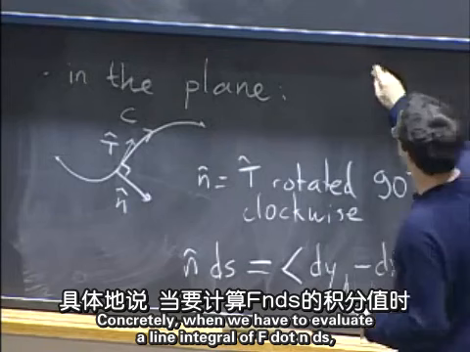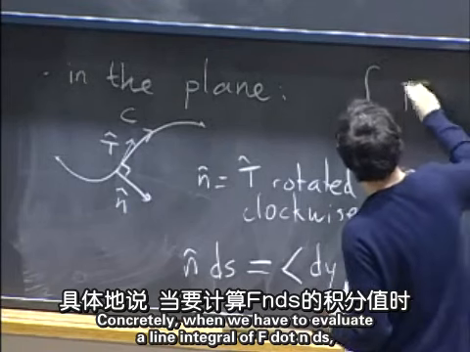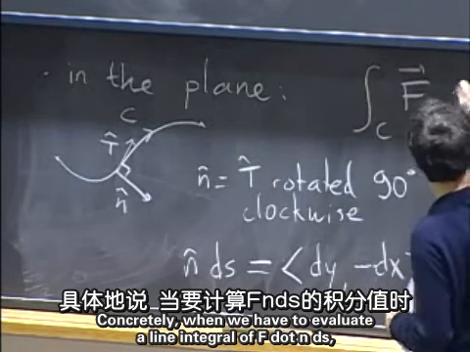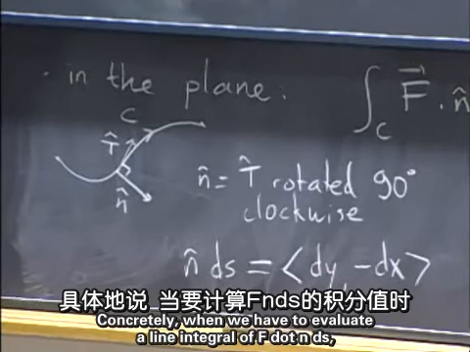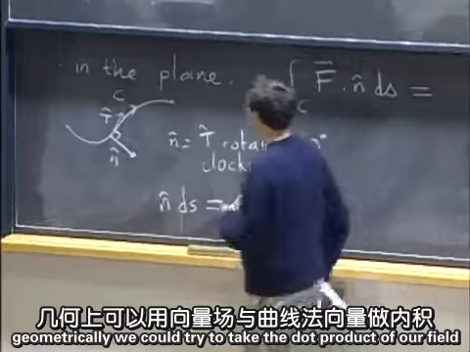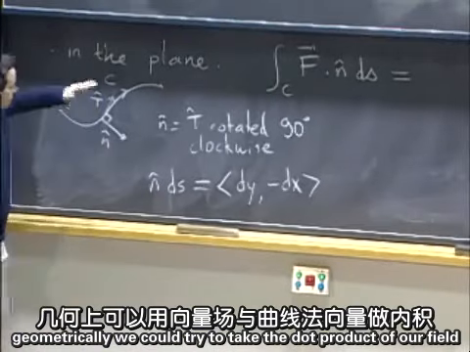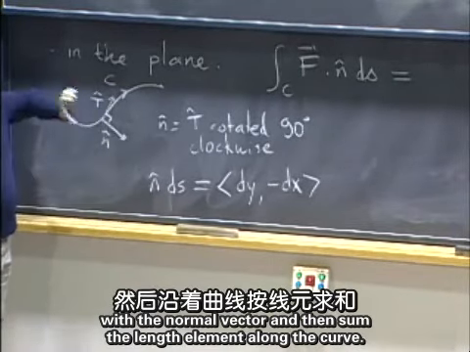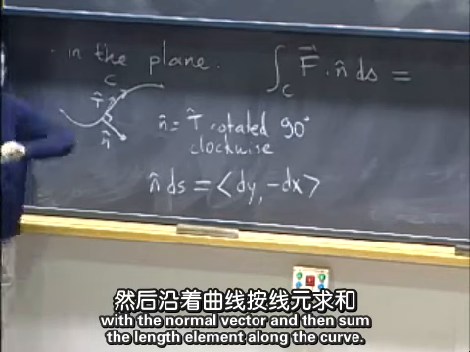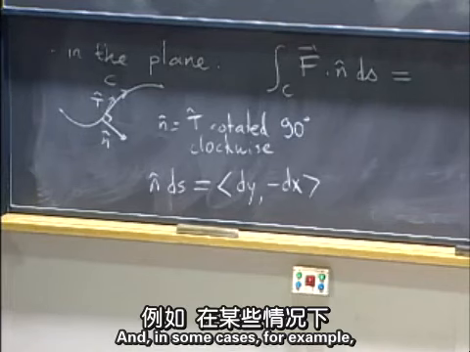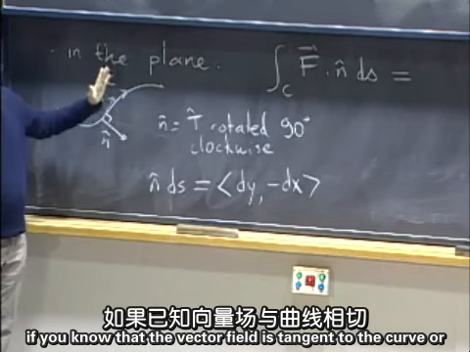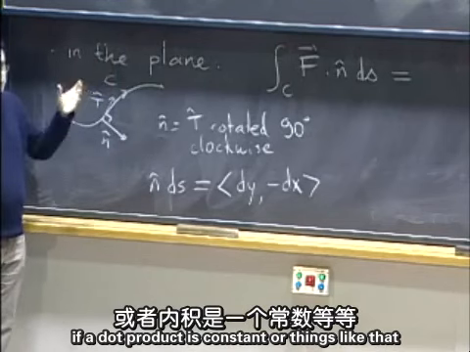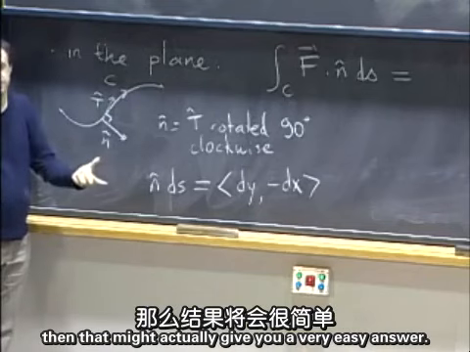So concretely, when we have to evaluate a line integral of F dot N ds, geometrically we could try to take the dot product of our field with the normal vector and then sum the length elements along the curve. In some cases, for example, if you know that the vector field is tangent to the curve, or if the dot product is constant, then that might give you a very easy answer.